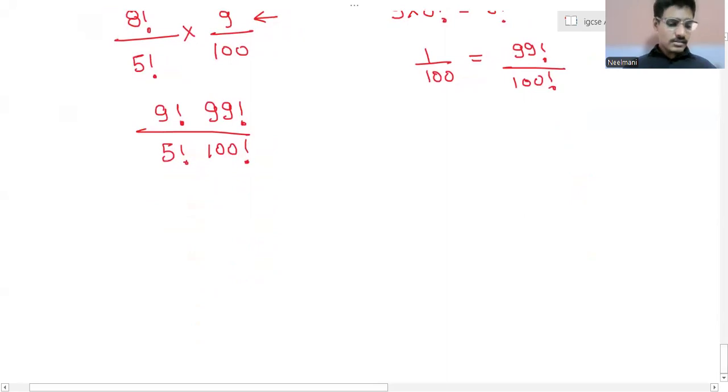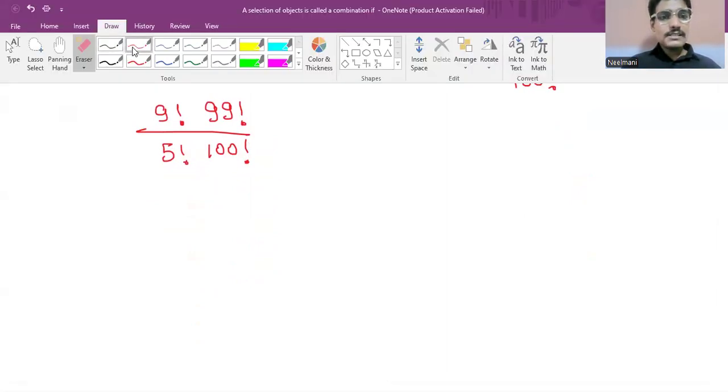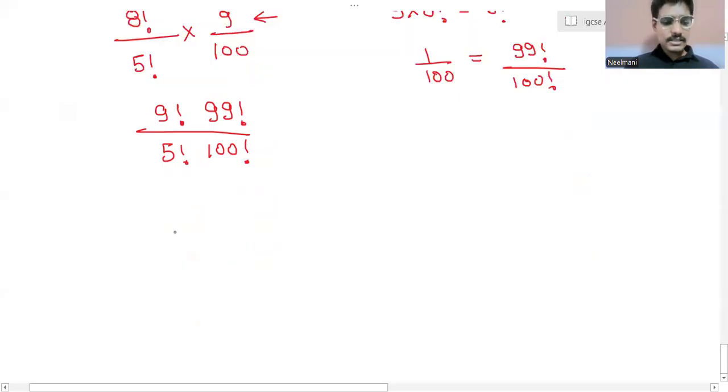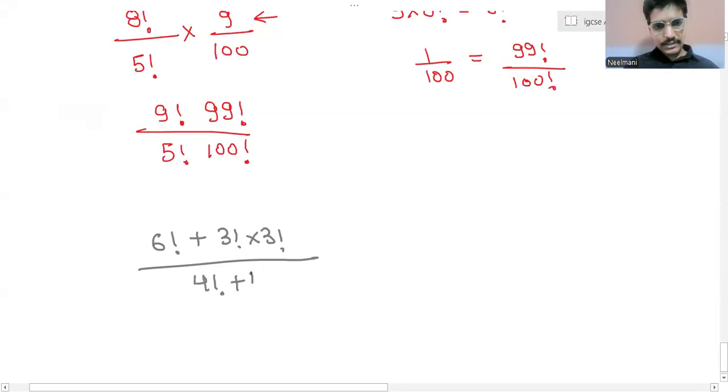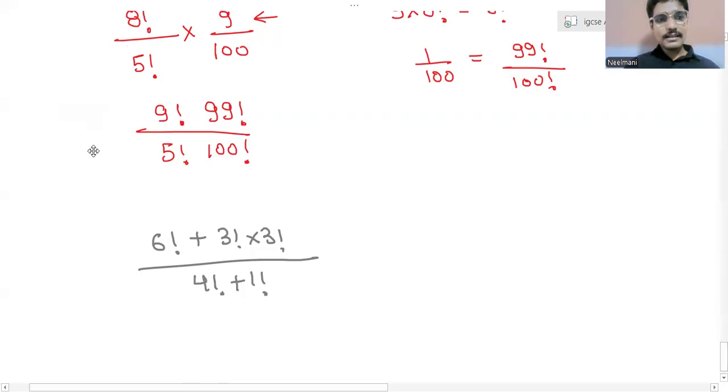So there are other ideas. Many children come to me with examples like this. Can't this be described as 6 factorial plus 3 factorial into 3 factorial, divided by 4 factorial plus 1 factorial? Someone came to me with an answer like this also.